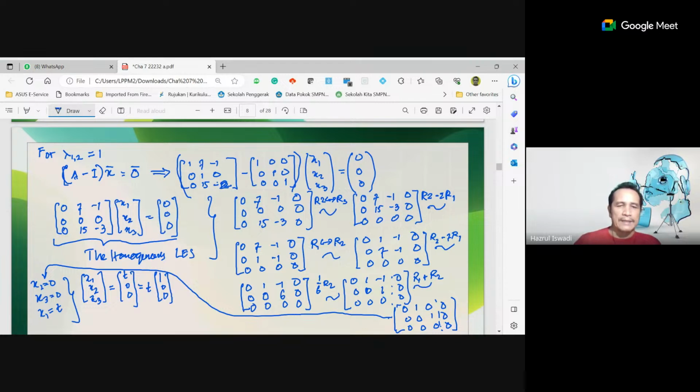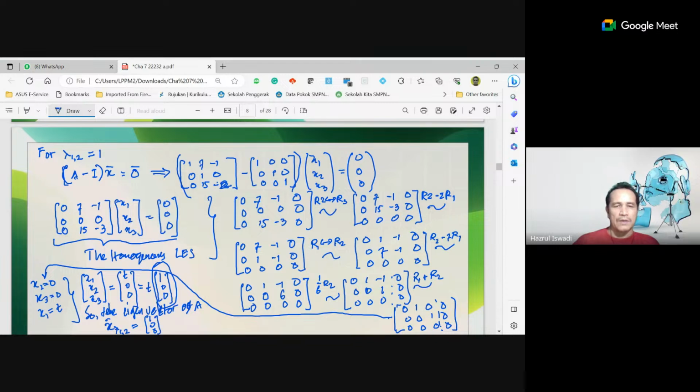Now we get the eigenvectors. The eigenvector is this basis. This is the eigenvector. So the eigenvectors of A is the vector x, with the indication lambda 1 and 2 is equal to 1, 0, 0.